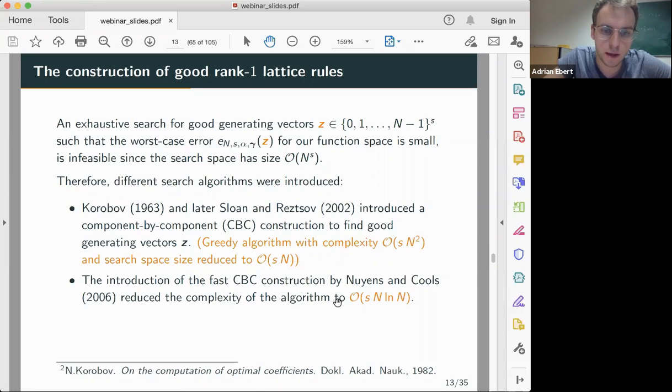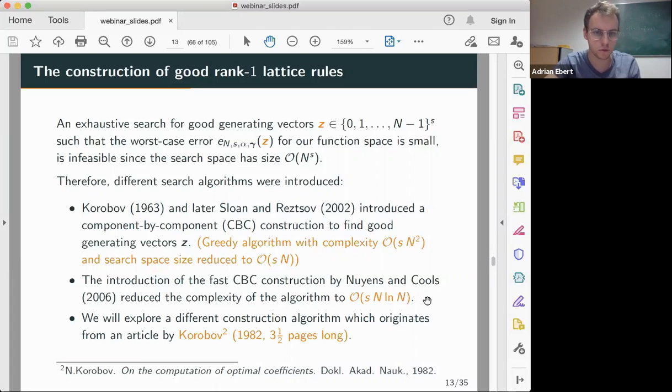Such constructions are nowadays also quite fast. State-of-the-art construction algorithms have a complexity of O(s n log n). So to construct a lattice rule in s dimensions with n points, we need O(s n log n) operations to construct the generating vector.